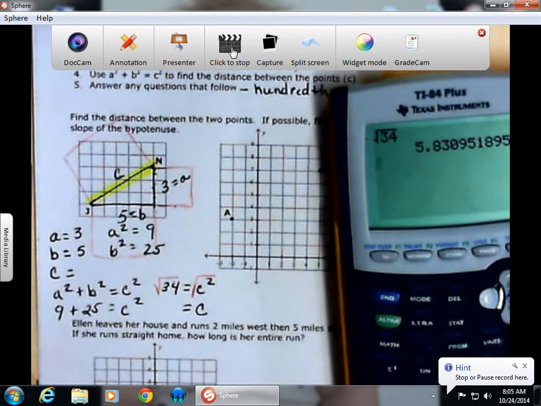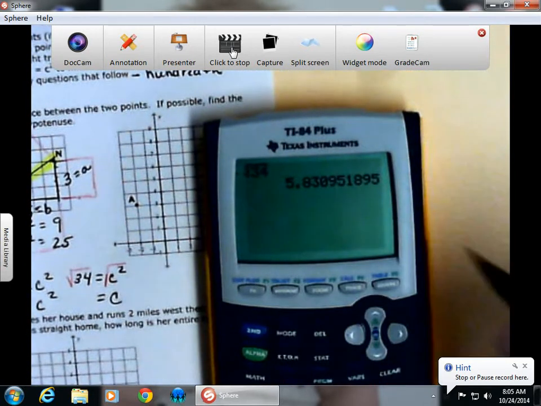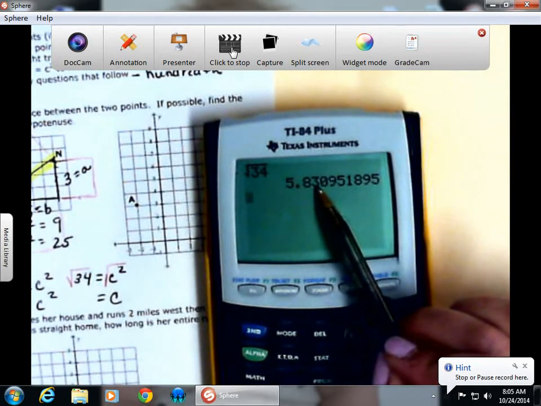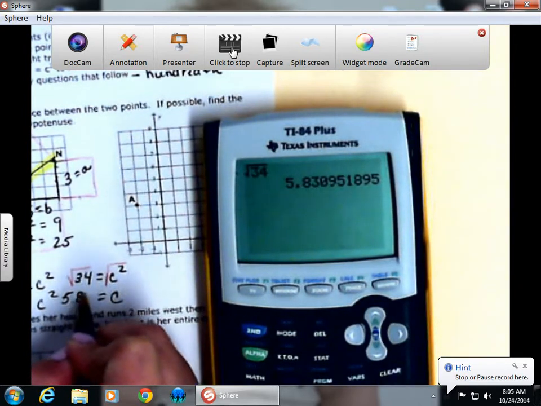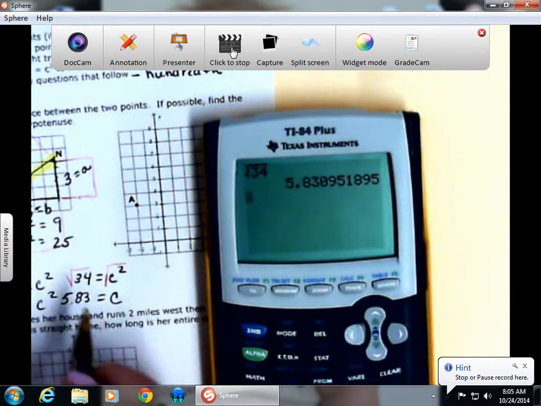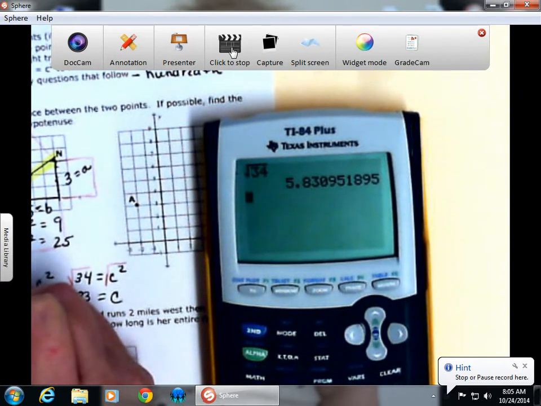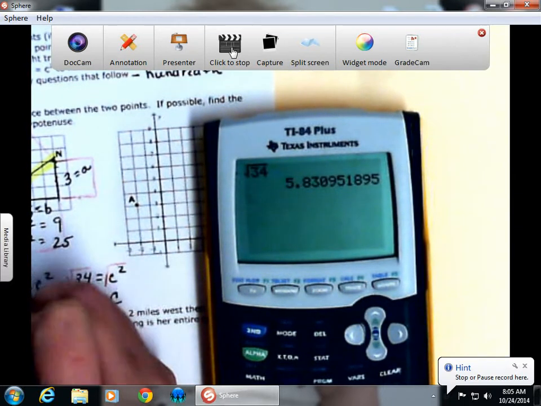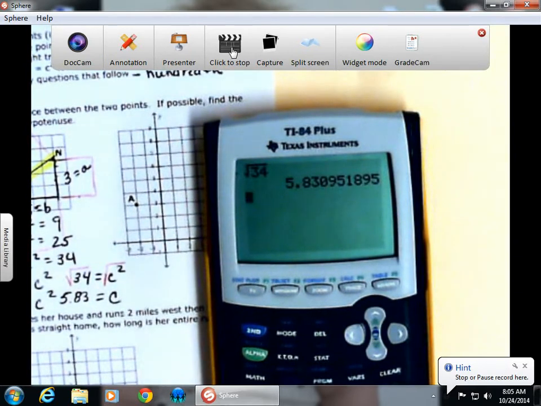The hundredth spot is the 3. The 0 tells the 3 to just stay the same. So our C is 5.83. So we can finish filling this in. Now I know what C is. C is 5.83.